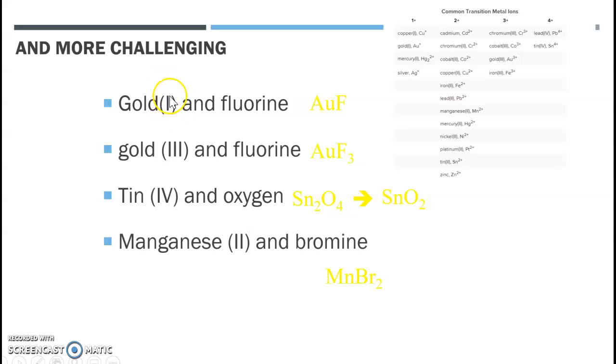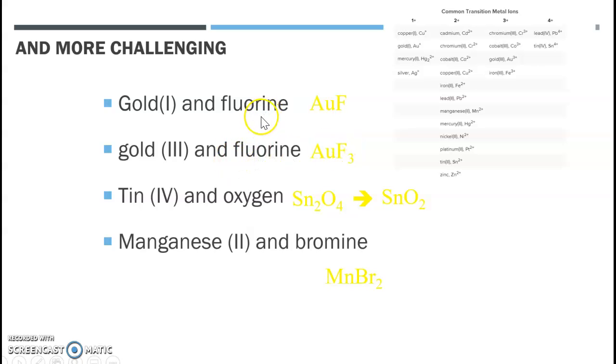So if it says gold 1, that's a +1. Gold is a +1, fluorine's a -1, 1 of each. If it's gold 3, that's a +3, fluorine is a -1. I need 1 gold plus 3, and I need 3 fluorines.